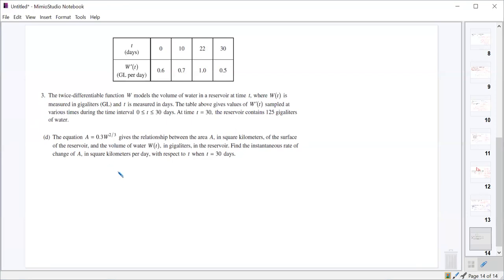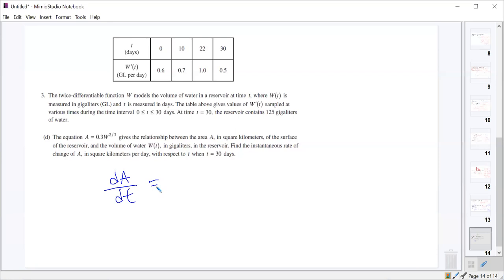In order to find this, we're looking for the rate of change with respect to t. So this is basically like we're taking the derivative of A with respect to t. So we have to take the derivative of both sides with respect to t.